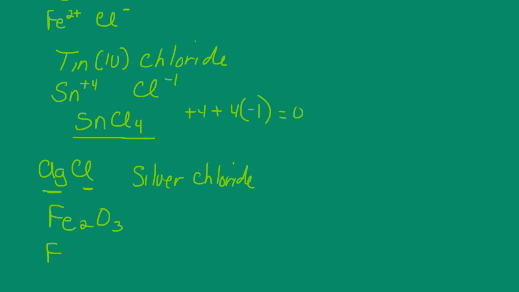So the iron in this case is going to have a +3 charge, and of course the oxide anion has a -2 charge. Okay, so we would call this iron 3 oxide. Again, the Roman numeral 3 corresponds to the charge on the iron.